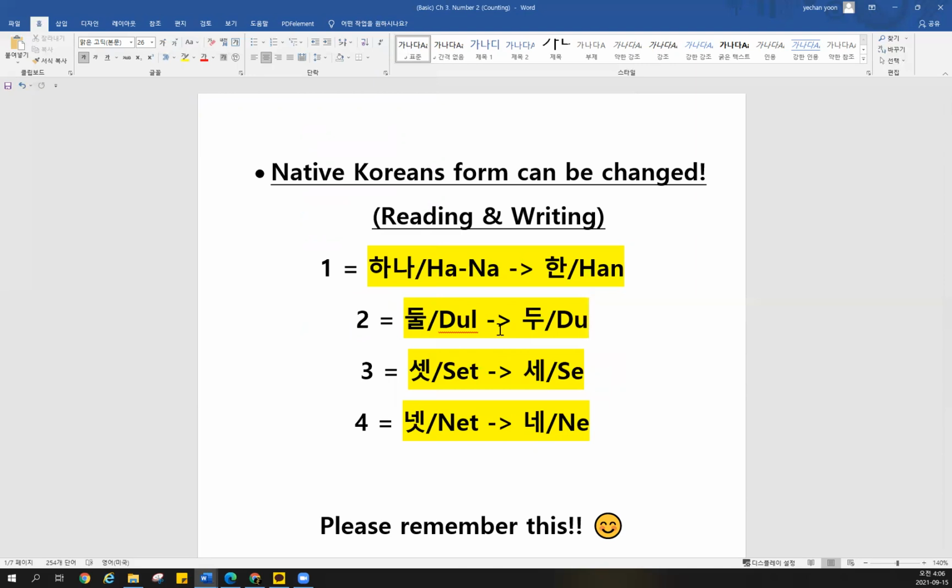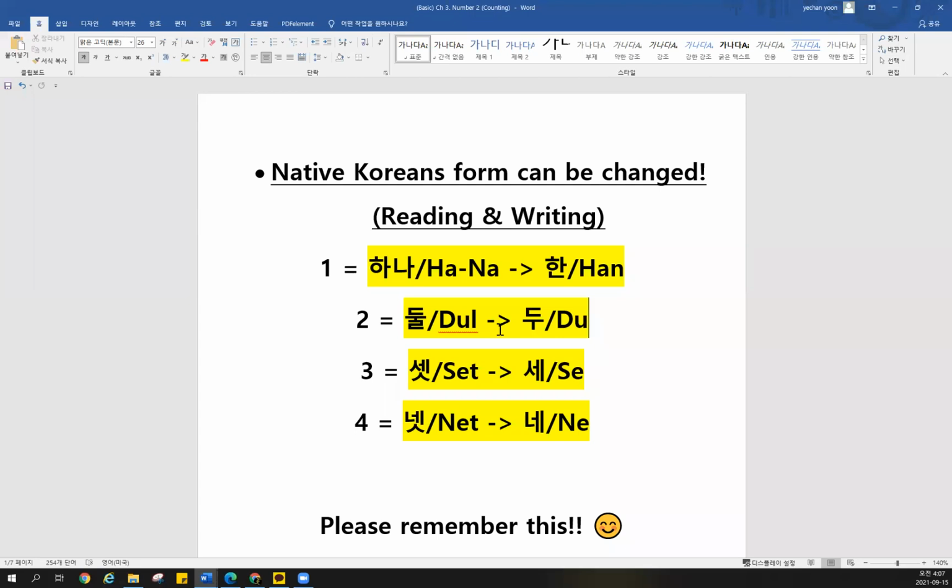And also it's hard to pronounce if we just use the previous Native Korean form. So Koreans decided to make a simplified word with a changing form so they can speak more easily and simply. Okay, so let's learn how we can pronounce it.